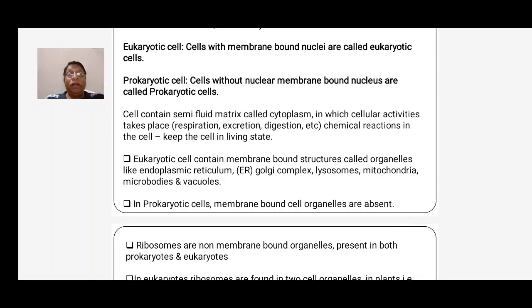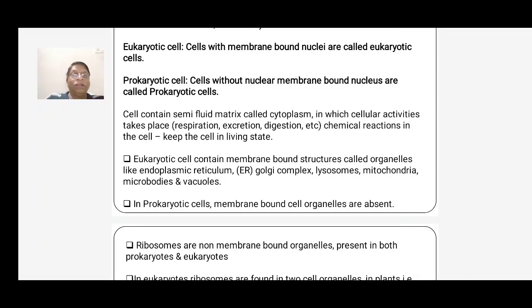In case of plant cell, plastids. What about prokaryotic cell? The prokaryotic cells contain only prokaryotic type of nucleus, but the cell organelles are absent.